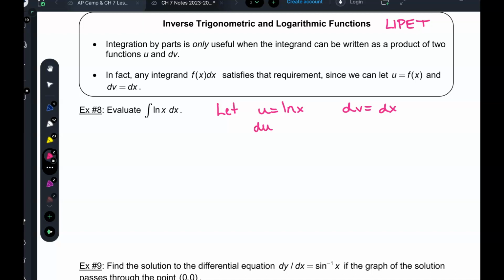All right, so du is going to be 1 over x dx, and v is equal to x. So uv minus the integral of v du. So uv, I'm going to put the x in front, minus the integral of v du. Good?